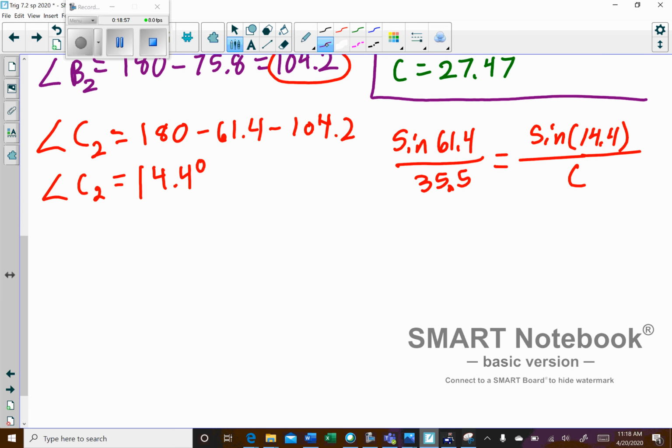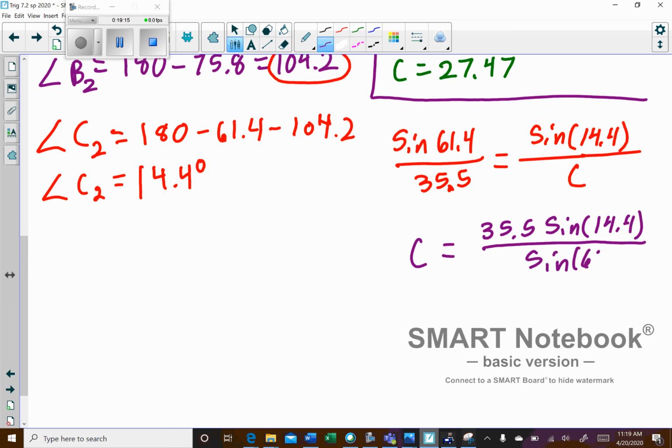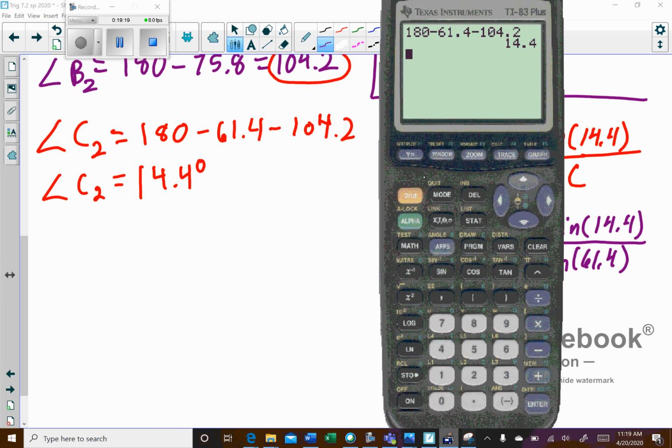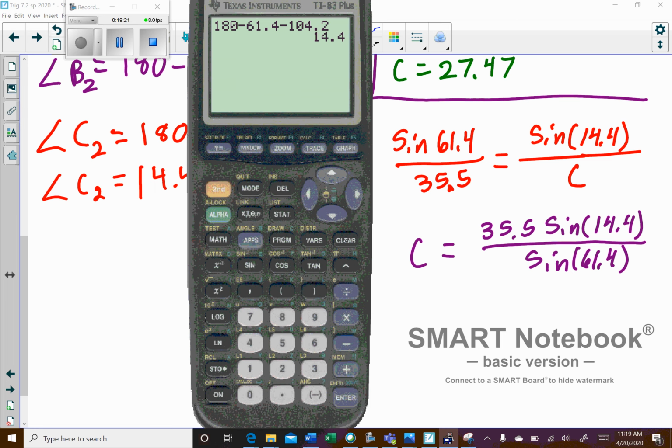So what we'll do here is do our cross multiplication and dividing. So we'll end up with C equals 35.5 times sine of 14.4 all over sine of 61.4. So I'll need to put all that in the calculator.